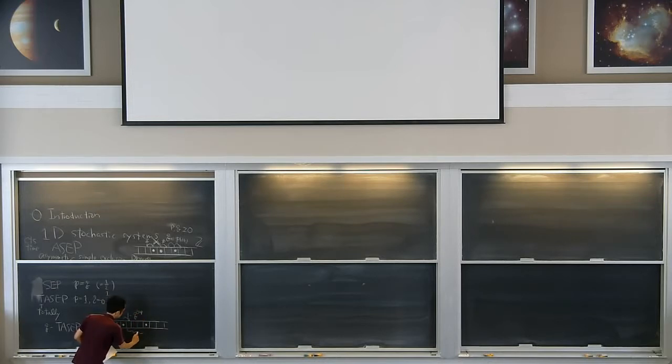So this is the gap. Suppose this is the jth particle with position xj. Then this is xj minus 1. And the gap is xj minus 1 minus xj minus 1.